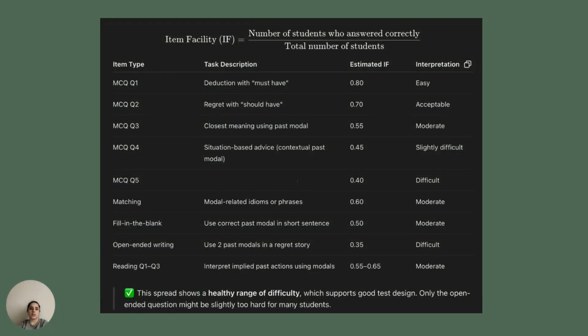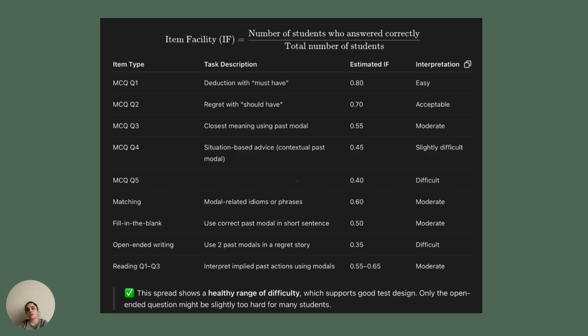For the item facility, we can just say that it is the number of the students who answered correctly divided by the total number of the students. I have my question here, the type of the question, and the task objectives and the description, and the estimated item facility and interpretation.